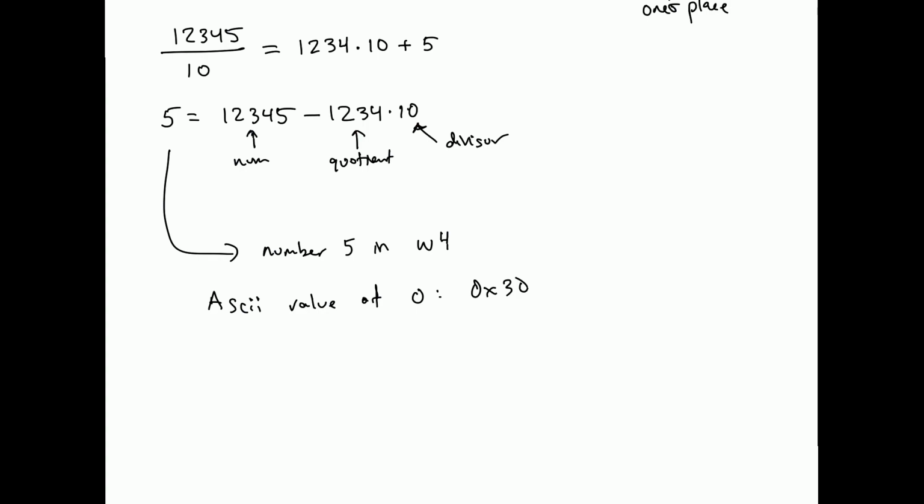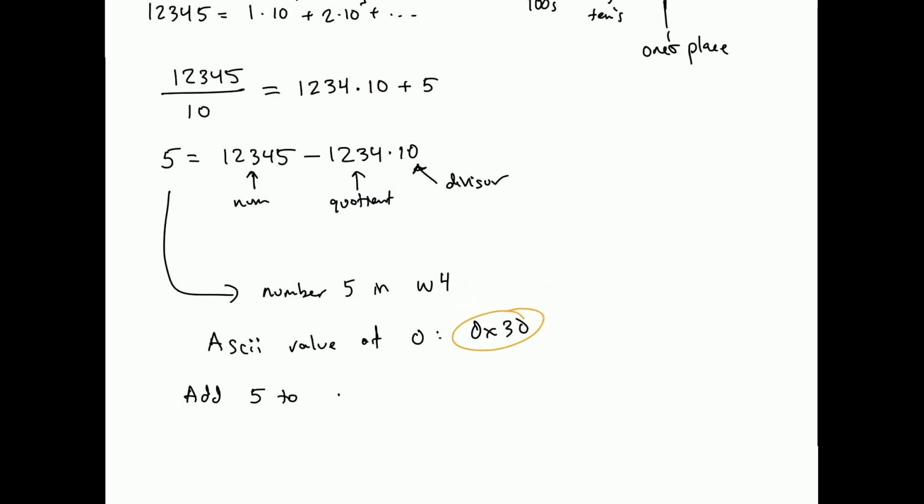Okay, so this value of 30 hex is my base value. And if I add 5 to 30 hex, oh, that's the worst looking 5 ever.